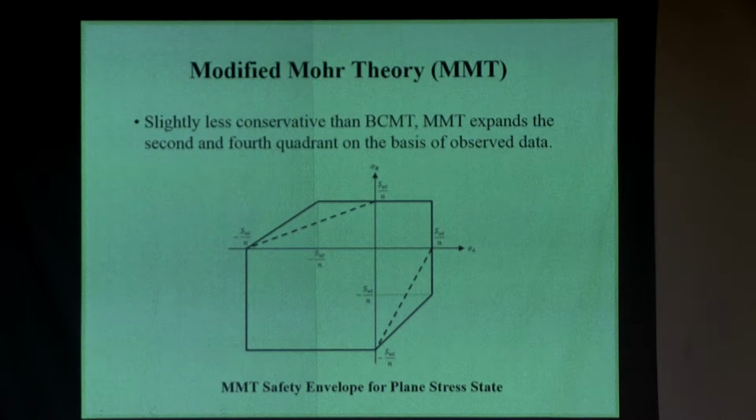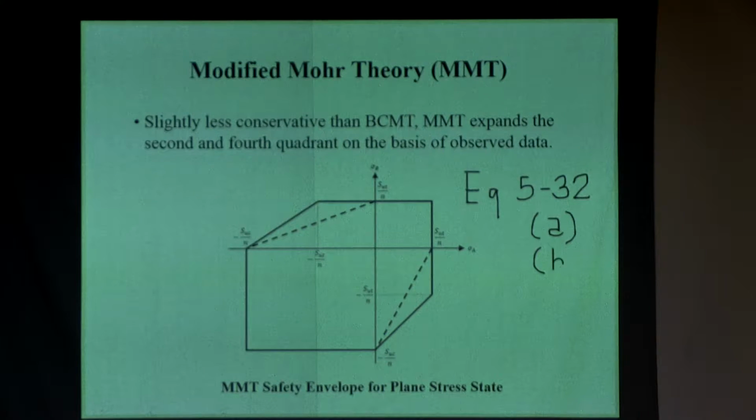And where are they? If you look at equations 5-32 a, b, and c, those are case 1, case 2, and case 3. The cases are slightly different than when you look at the rest of the theories.